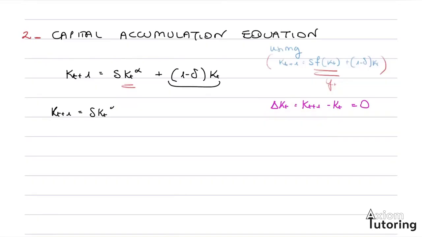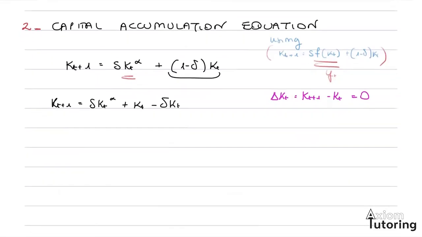So we're going to start by opening up this bracket so that we get this extra k_t term, which is quite useful for our purpose because we are now going to subtract k_t from both sides so that on this side it cancels out and it gets moved to the other side. And we already have our k_{t+1} minus k_t equals s k_t to the power of alpha minus delta k_t.